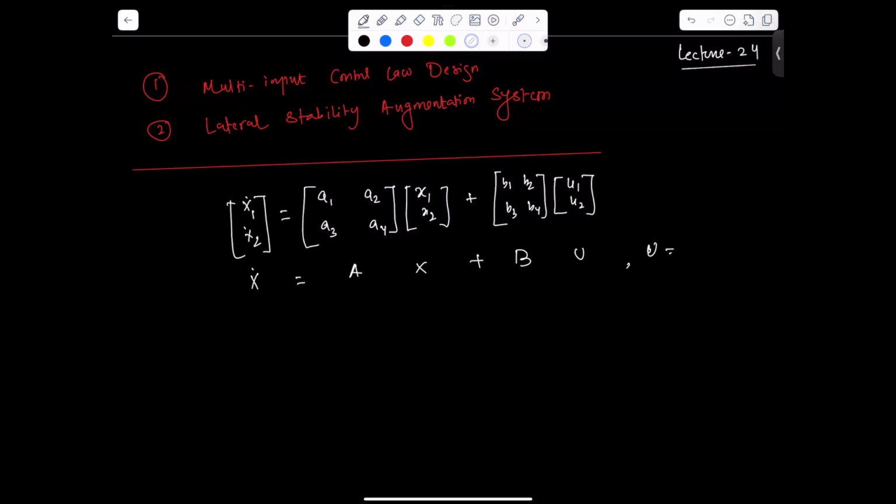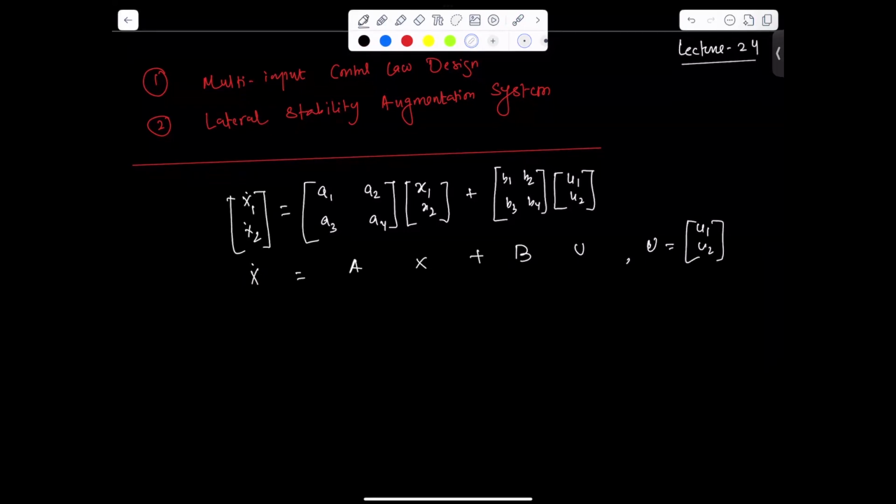Here u is actually u1 and u2. There are scientists, Oman and Shudat, who proposed a method where we can design multi-input control algorithms for the system.